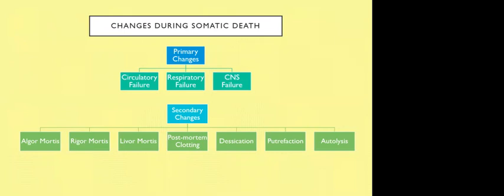So we have two levels. We have the primary changes and we have the secondary changes. Under our primary changes, we have three, and under our secondary changes, we have seven. So let us discuss the changes that the body undergoes during death.